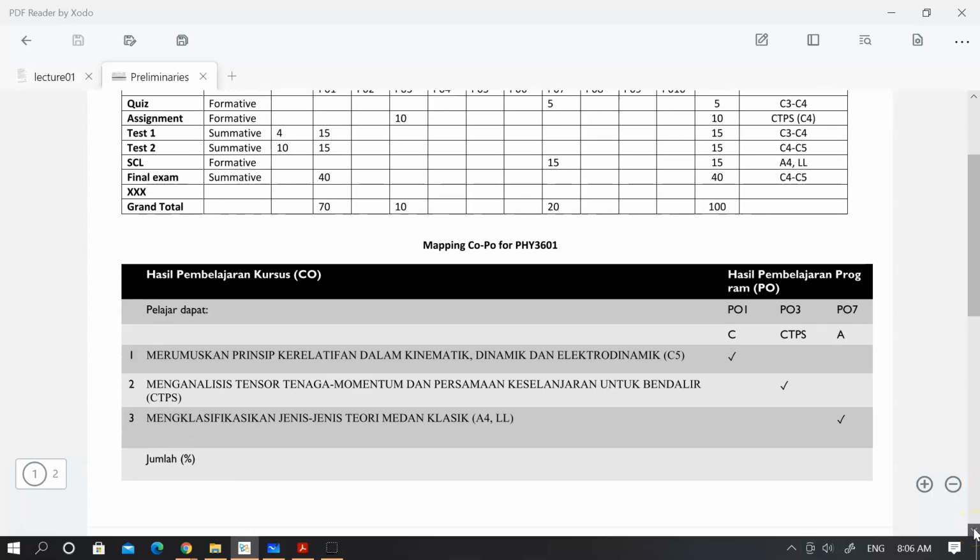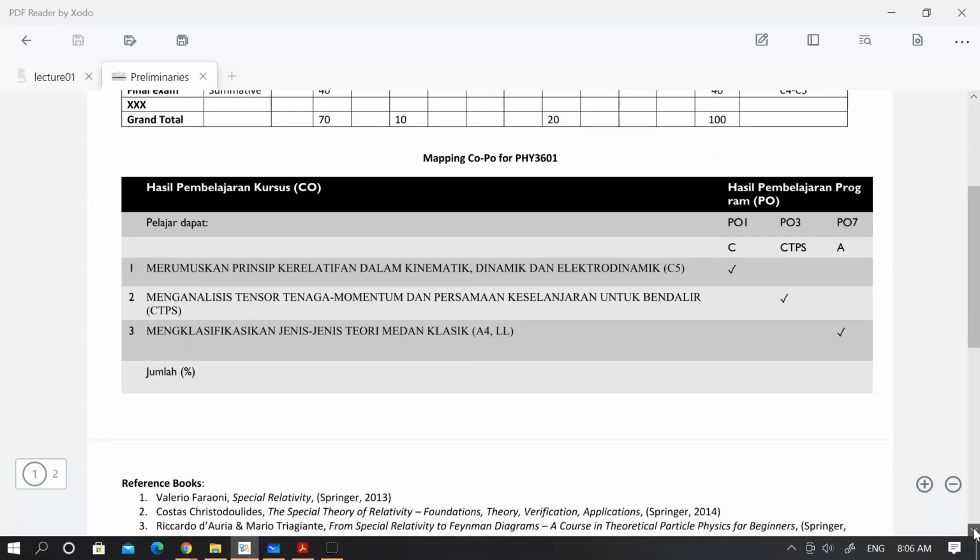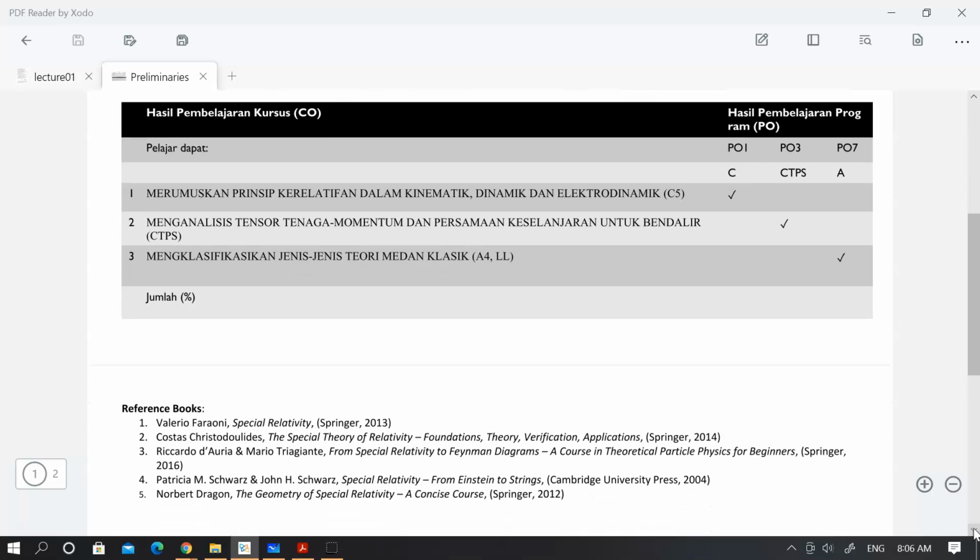What are the reference books? I listed five here. It's not necessarily limited to this. The first one is probably the main text, which I find similar to my notes.